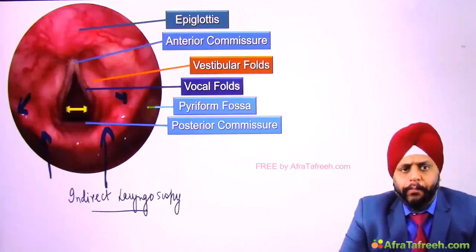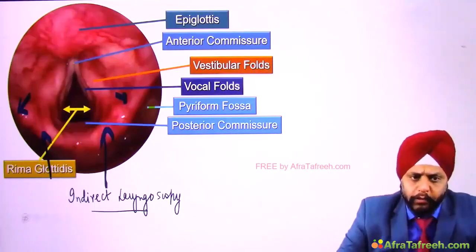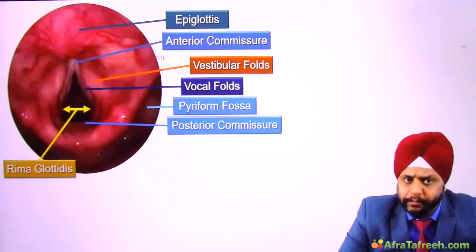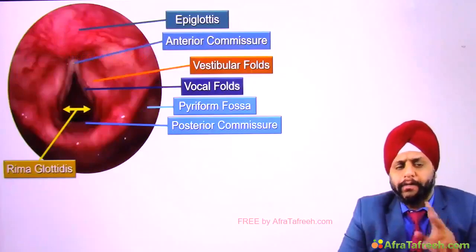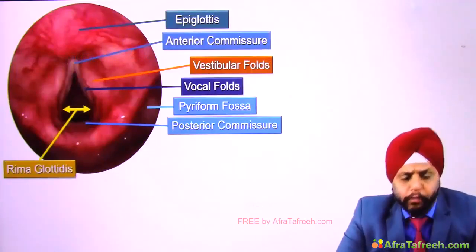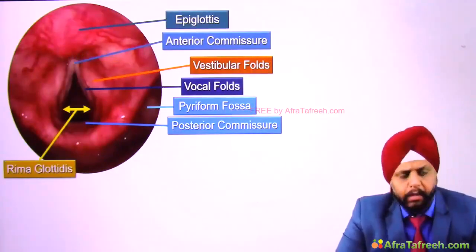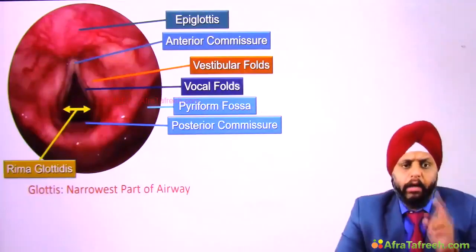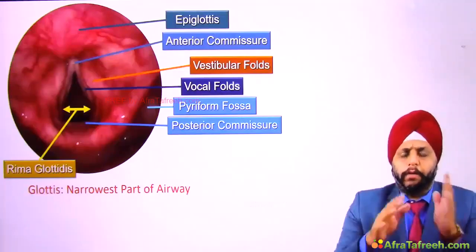All right, now this between the two vocal folds, this is the airway. We call it the rima glottidis. So the rima glottidis is the area between the free margins of the two vocal folds, and that is the place from where we breathe. Remember, the glottis is the narrowest part of the human airway. However, when we talk about humans, we talk about adults.